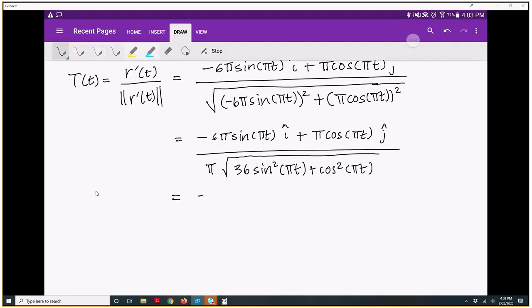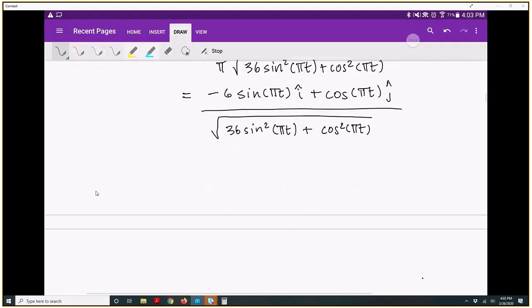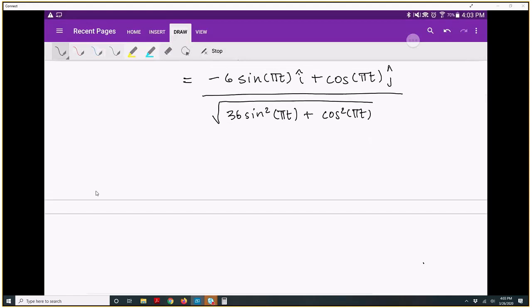So finally I'm going to say this is minus 6 sine of pi t i cap plus cosine pi t j cap divided by the square root of 36 sine squared pi t plus cosine squared pi t. All right, so that gives us our T, but we also need T prime of t.